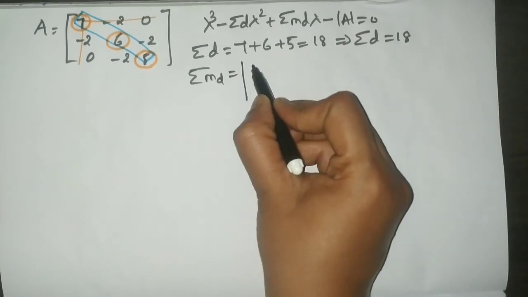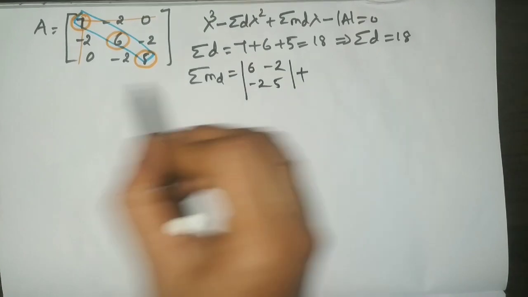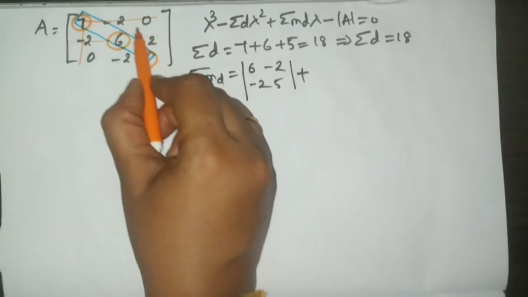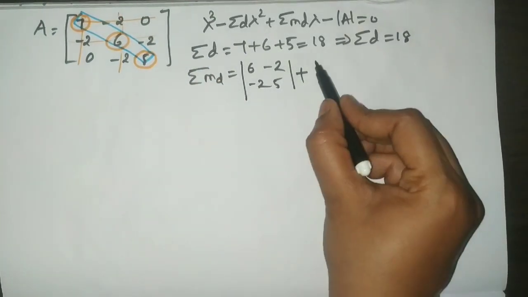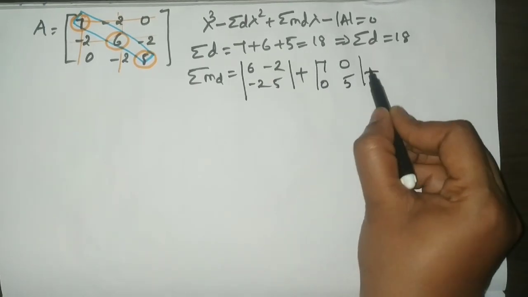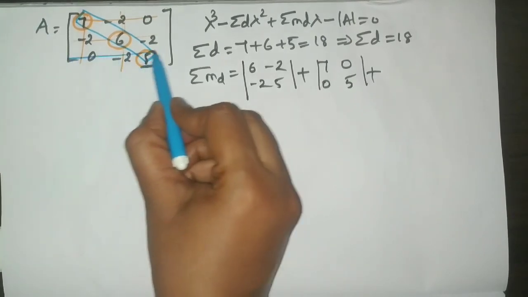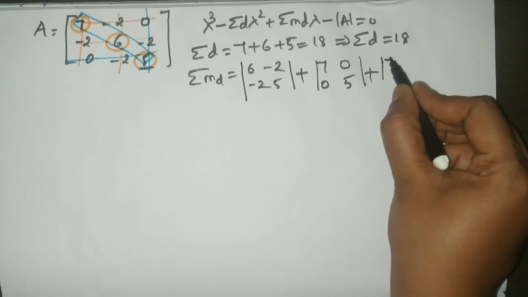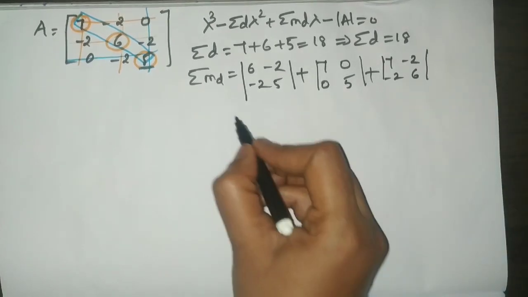The minor is 6, minus 2 and 5. Then the second diagonal is 6, so leave the corresponding row and column. So we have 7, 0, 0, 5. The last diagonal entry is 5. Leave the corresponding row and column. So we get 7, minus 2 and 6.